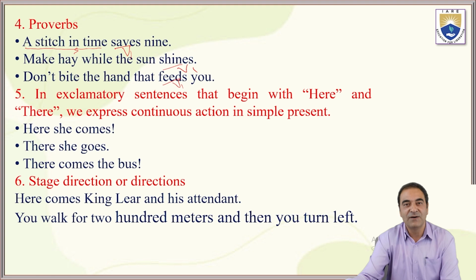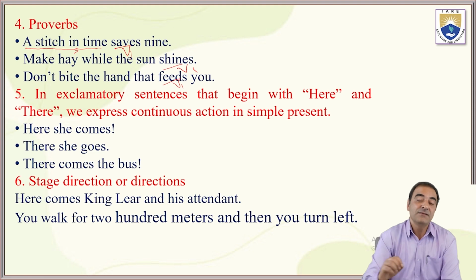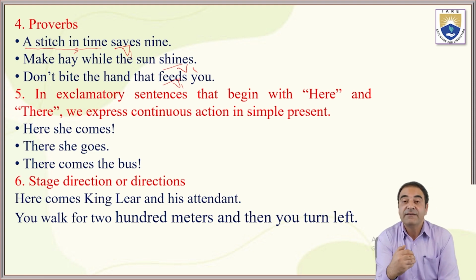Now look at the fifth one, the fifth usage of simple present. In exclamatory sentences that begin with here and there, we express continuous action in simple present tense. It means if an exclamatory sentence starts with here and there, instead of continuous tense, we use simple present tense.